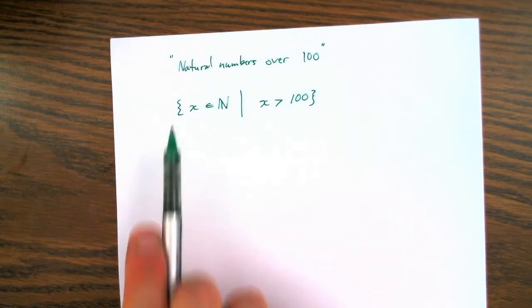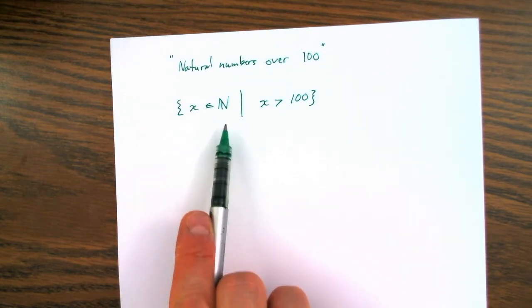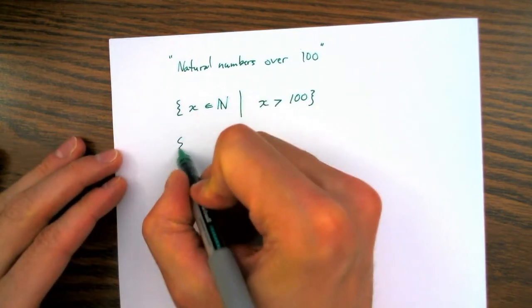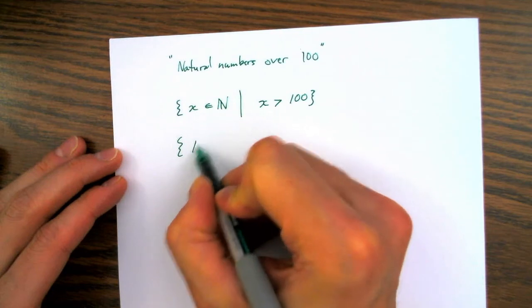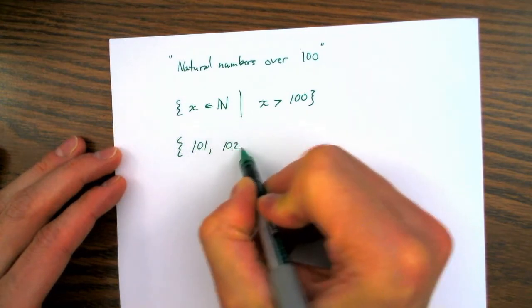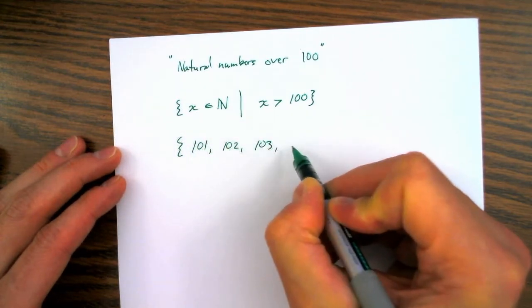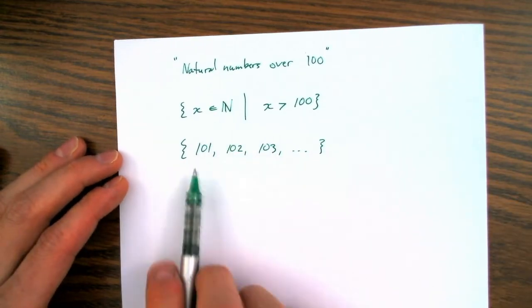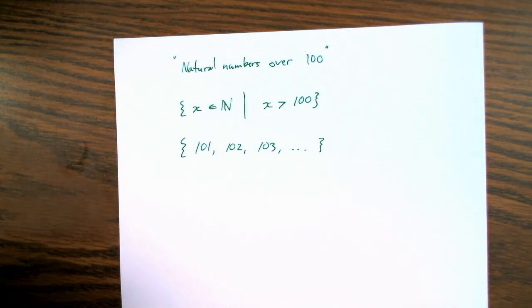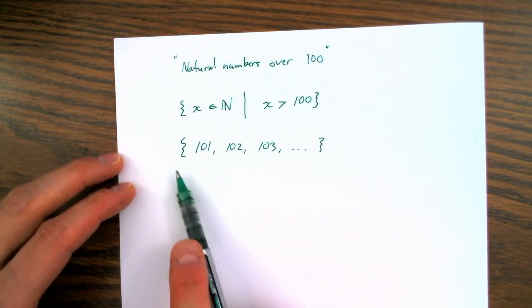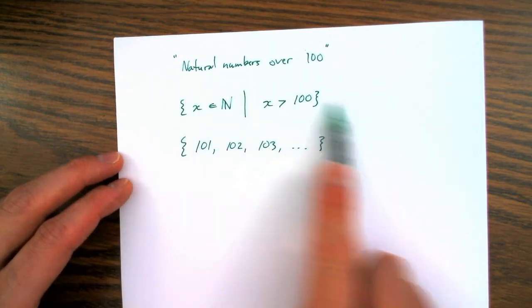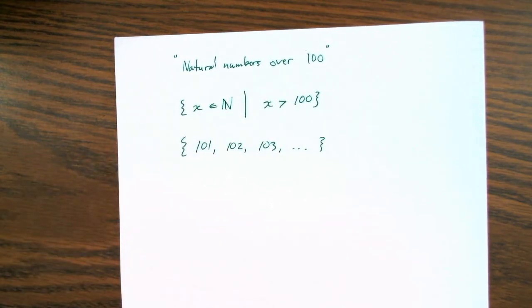I'm saying x is a natural number and it's over 100. I might also write this another way. And it's pretty descriptive and pretty straightforward what it means. But sometimes it's not as possible to write things this clearly, and so we need this slightly more complex notation to be very precise when we're talking about sets of numbers.